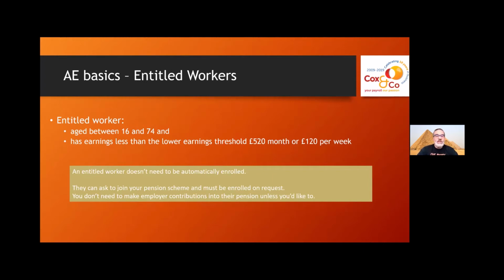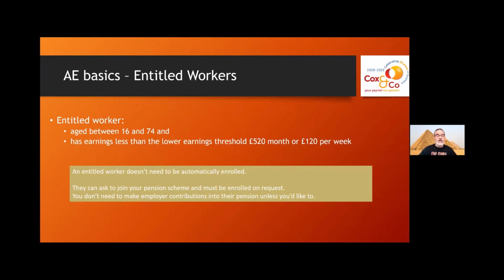You just basically have to put him in a pension scheme if he wants to be in a pension scheme. So he doesn't need to be automatically enrolled. He can ask to join your pension scheme, and he must be enrolled on request, but you do not have to make any employer contributions into the pension unless you want to. As with all things, you can do more than the legislation dictates, but you can't do less.